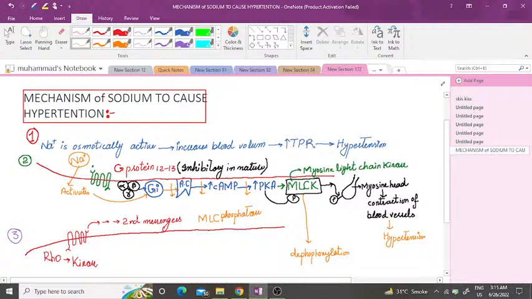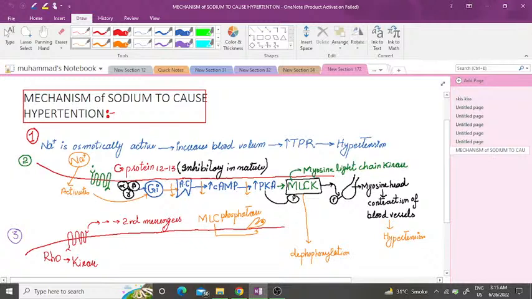Okay, so this is an enzyme. This is myosin light chain phosphatase. And what is the function of this myosin light chain phosphatase?